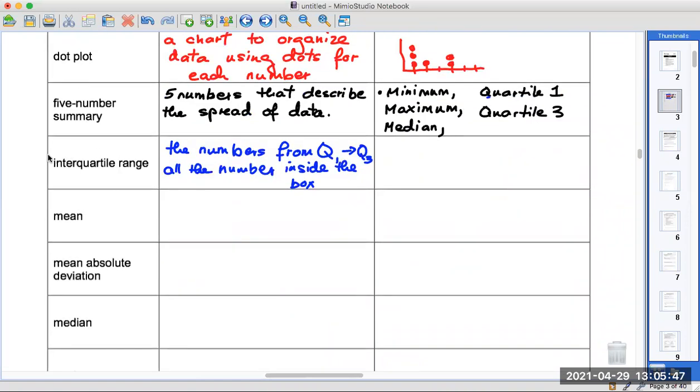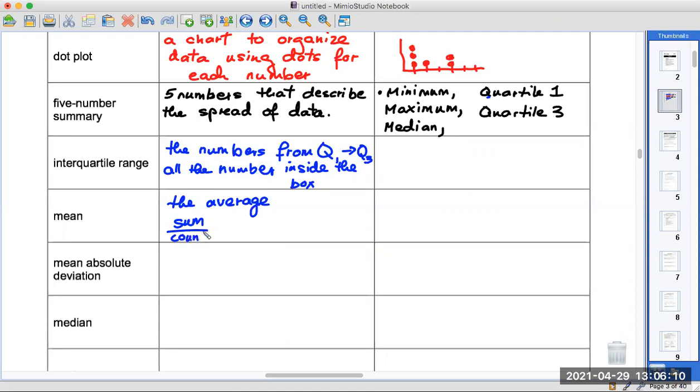Mean is the average of numbers. What you do is you find the sum of all the numbers and you divide by the count.